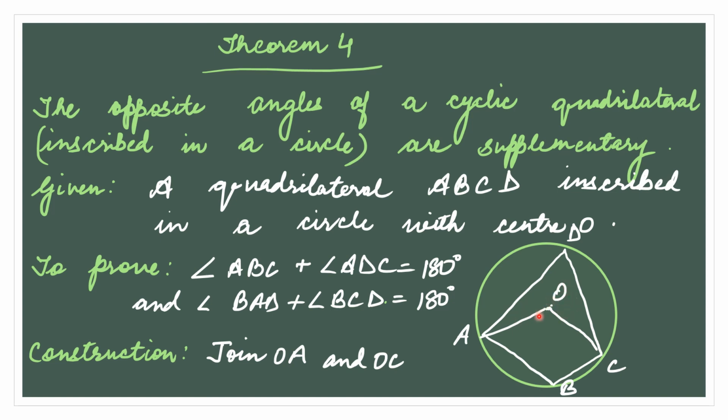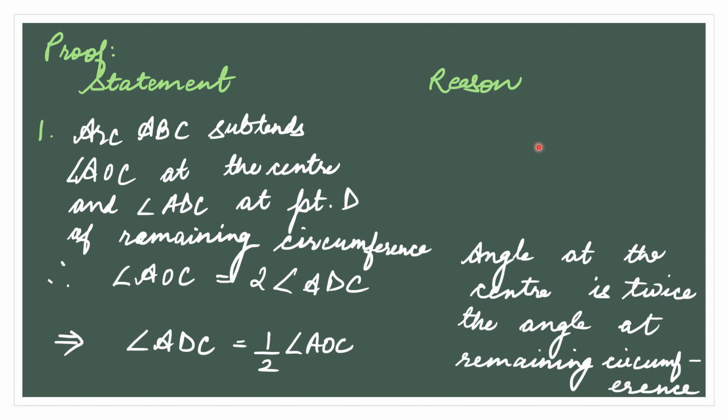Since this is formed on the circumference, angle ADC will be half of angle AOC, and angle ABC is half of reflex angle AOC. Now let us continue.